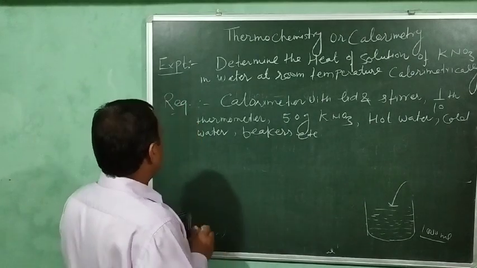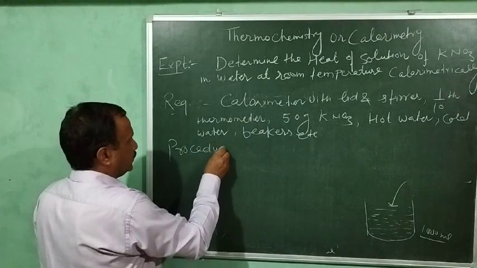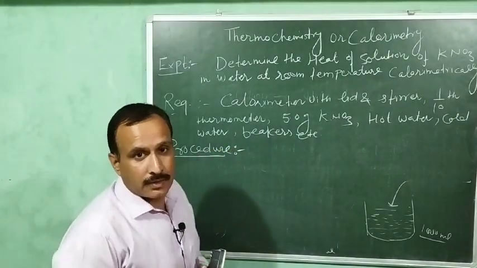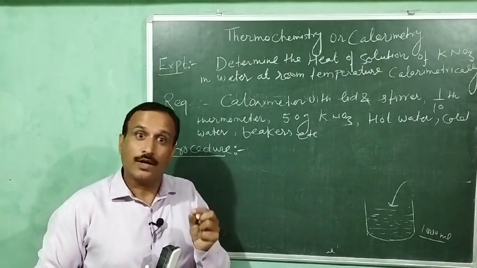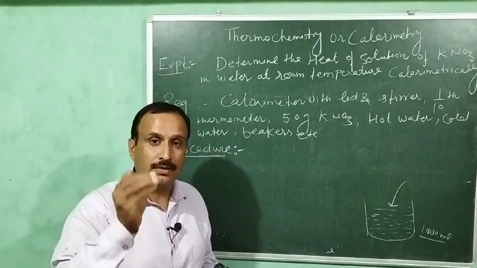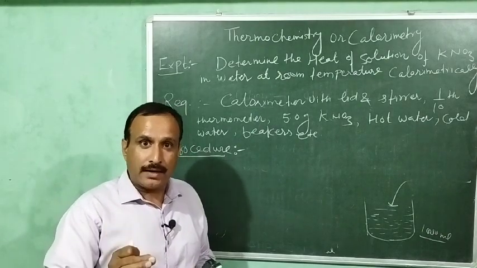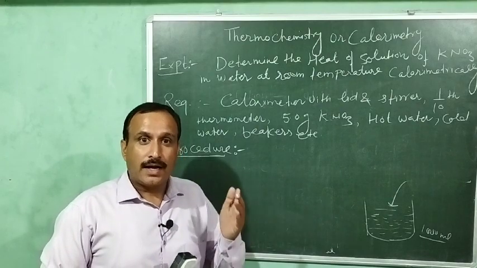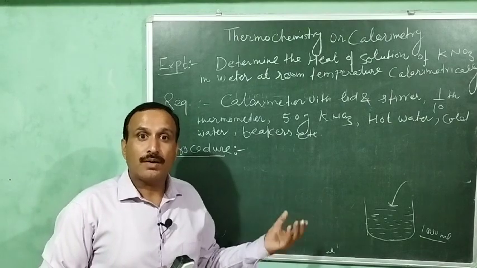Okay, now let us write the procedure of this experiment. The first step of the procedure involves the determination of the water equivalent. So first of all, we will have to determine the water equivalent of the calorimeter, and I have explained the procedure, observations and calculations related to it in my previous video.